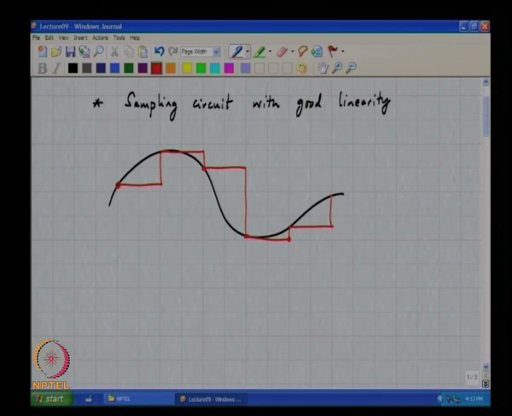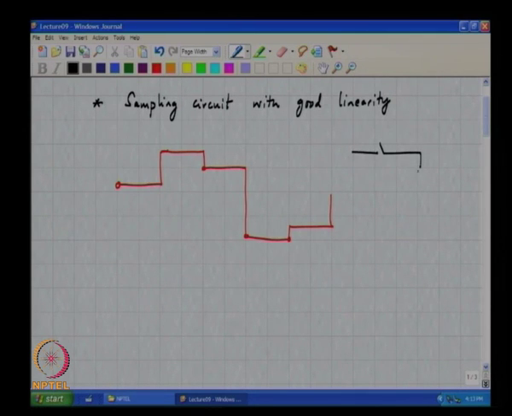The question I am now posing is, what kind of switch would we need to sample a signal like this?